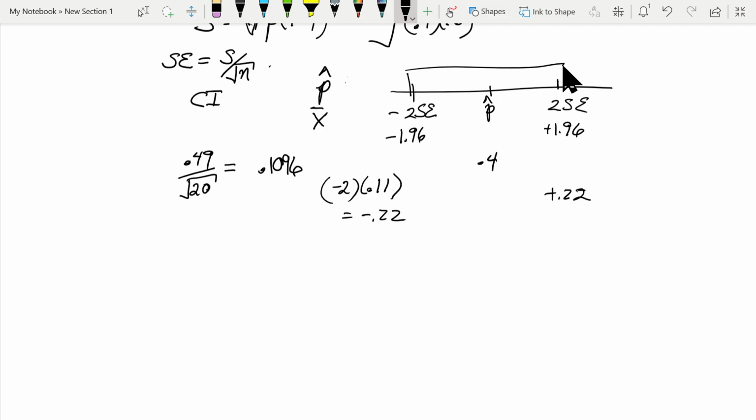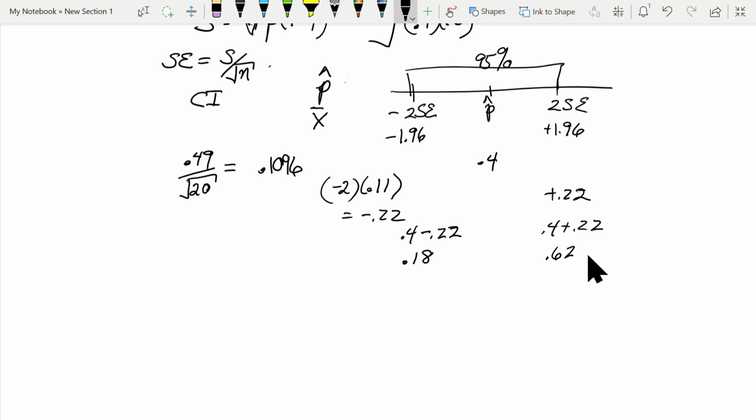And it's purely standard normal distribution, although it isn't, so that this interval goes from 0.4 minus 0.22 to 0.4 plus 0.22, 0.18 to 0.62.